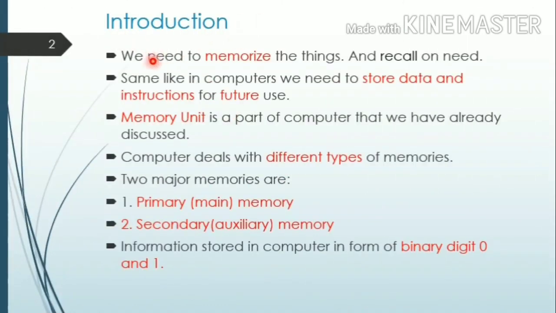Now, introduction. We need to memorize things and recall them on need. See, human beings also memorize things and recall them whenever needed. Like you are giving exams: you memorize at home and then appear in the exams.